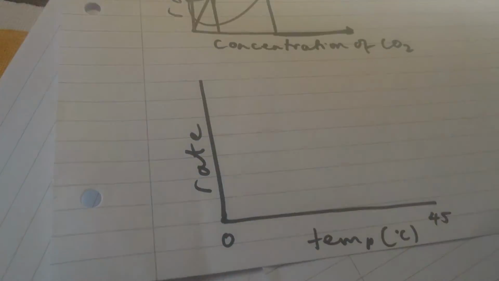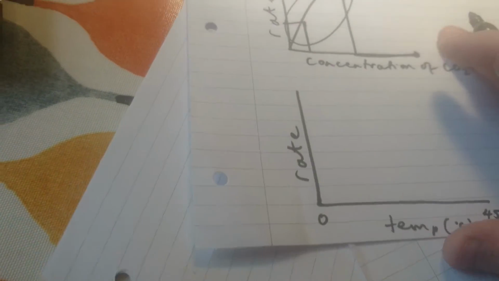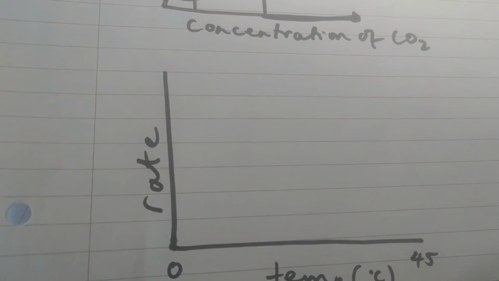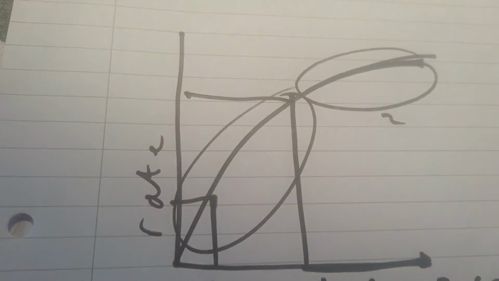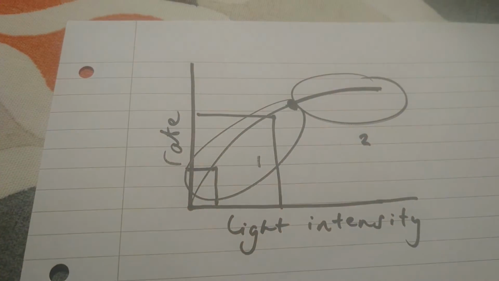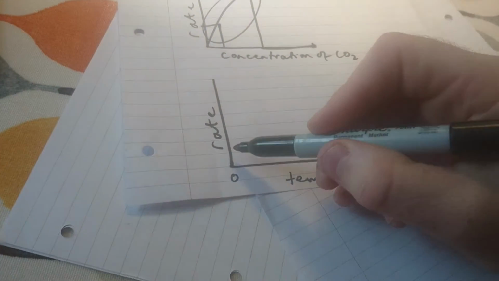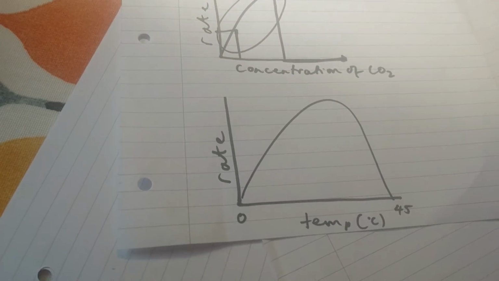And the last graph we have here is a very important graph, and it's not the same trend lines as the first two, concentration of CO2 and the light intensity. What you'll find here is this. This kind of thing happens.